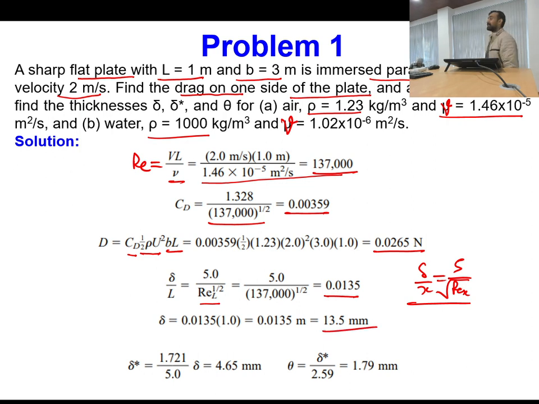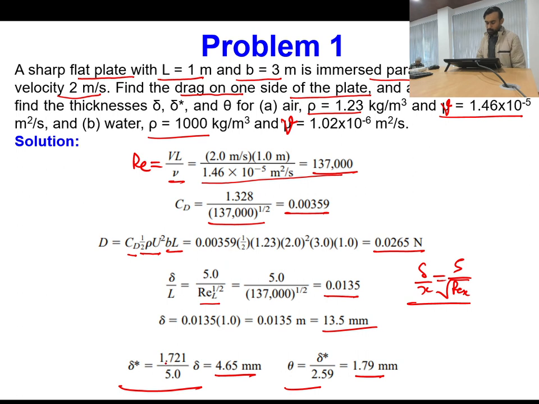So delta is 13.5 mm. For a plate of 1 meter length, the boundary layer thickness at the trailing edge is 13.5 mm. Delta star, the displacement thickness, is 4.65 mm, and theta is 1.79 mm. Of course, the relations for all of these I have given.